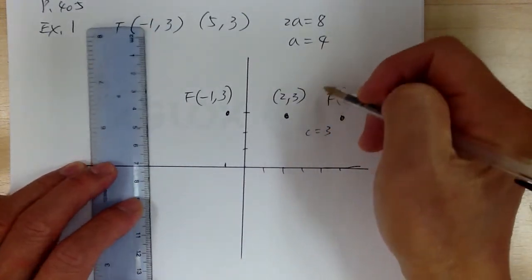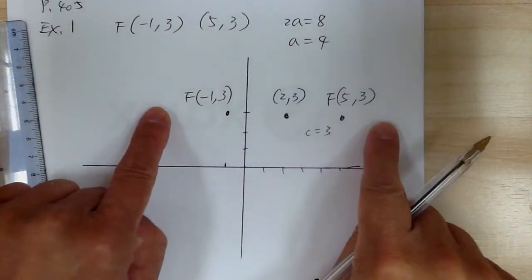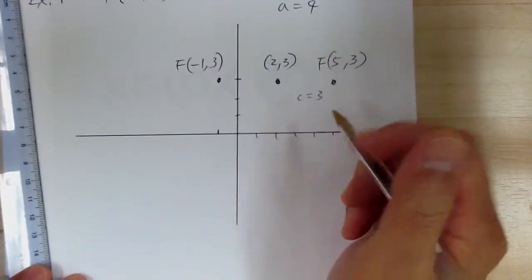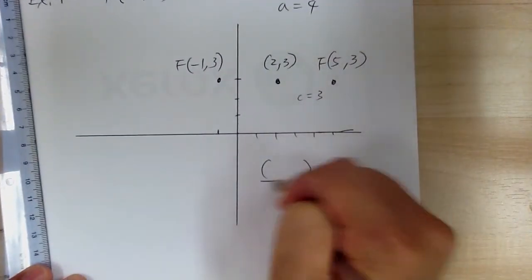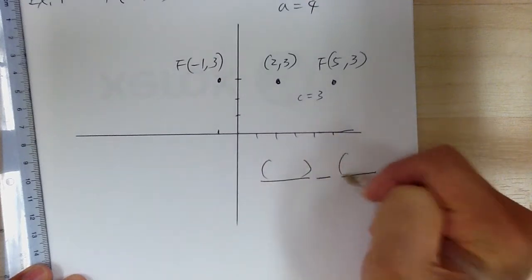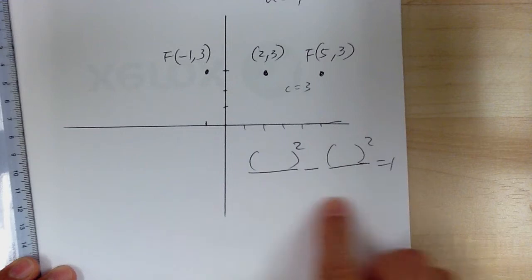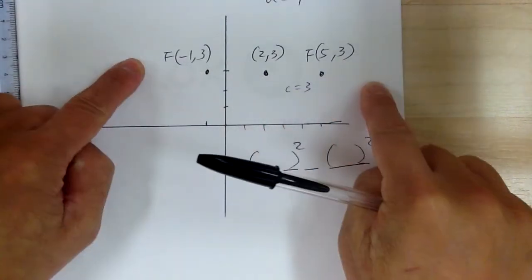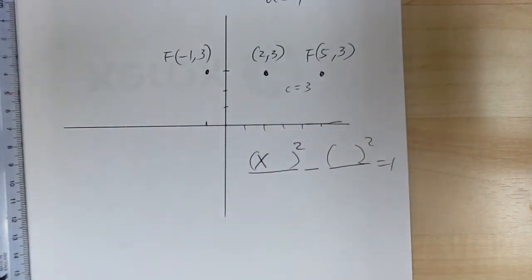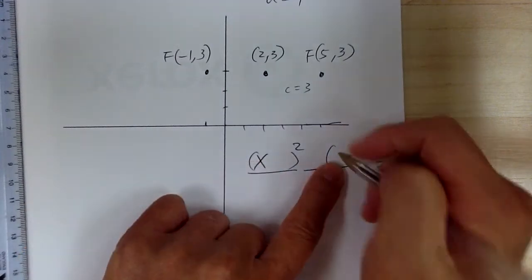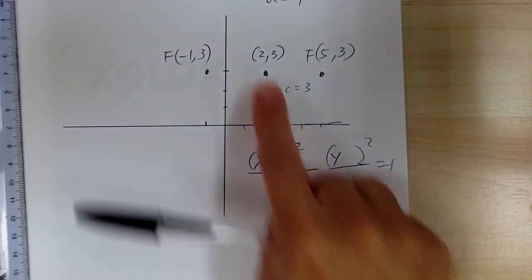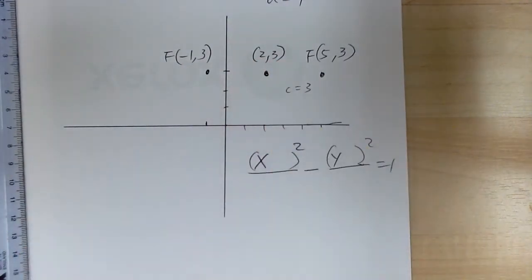And your graph is going to be in the x direction. So you can get your form first. Get your formula first. This is going to open in the x direction, so x comes first. If x is over here, then y has to be over here. Your center is (2, 3). Now you have to watch your x and the y.